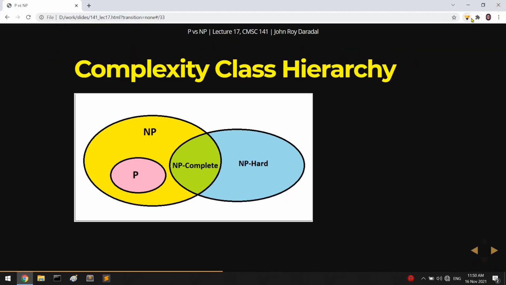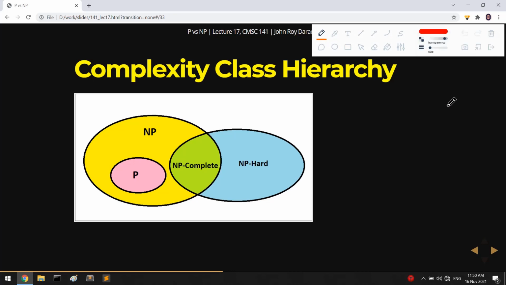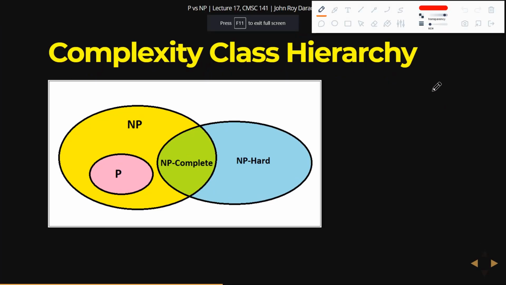So you have the P class here, which has a polynomial time algorithm in deterministic computers. This one has a polynomial time algorithm in non-deterministic computers, the NP.